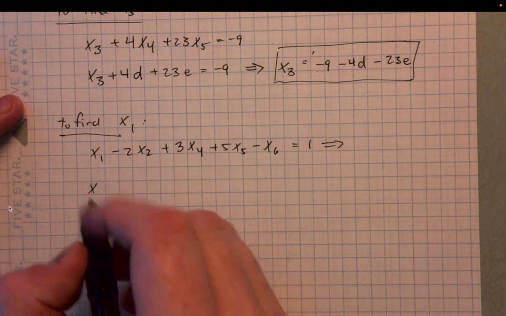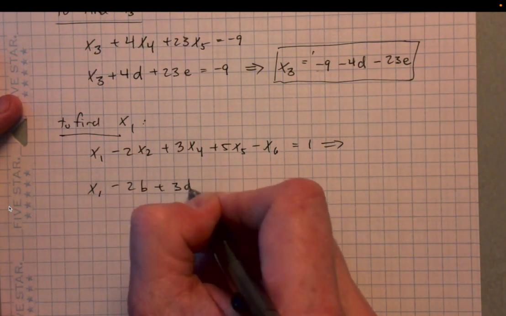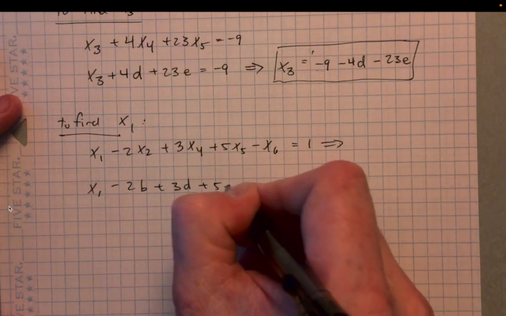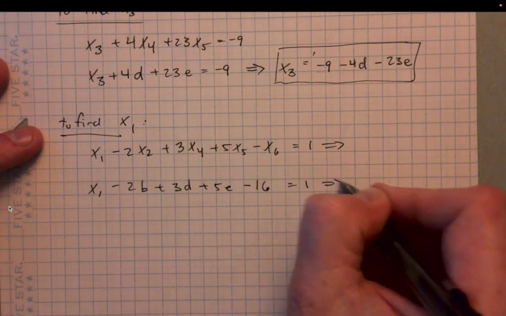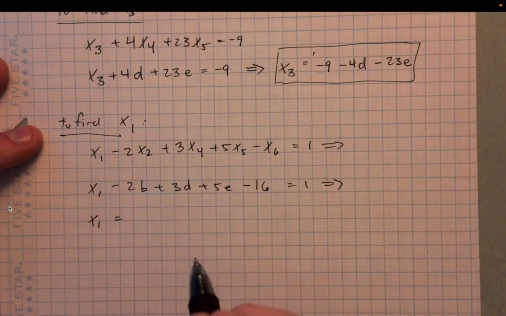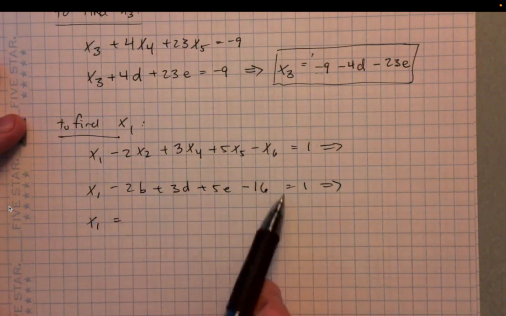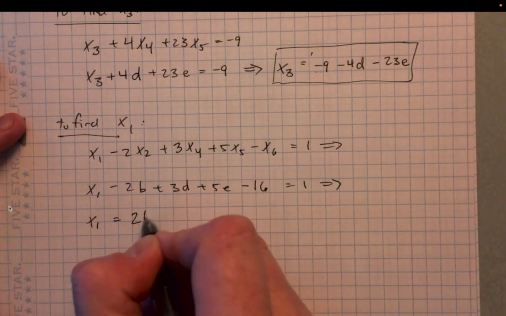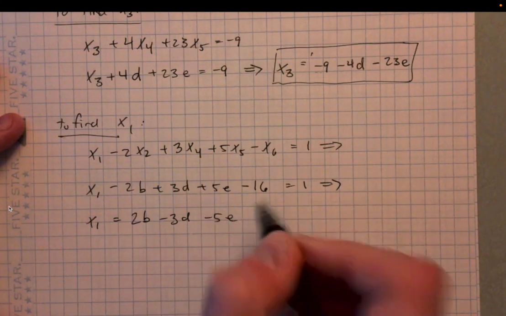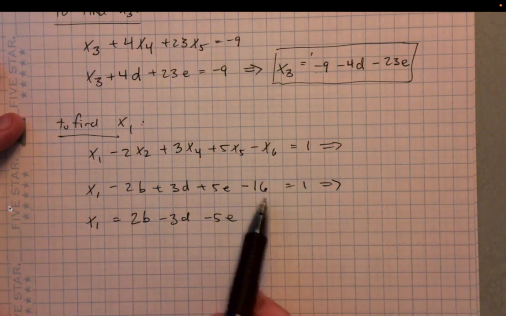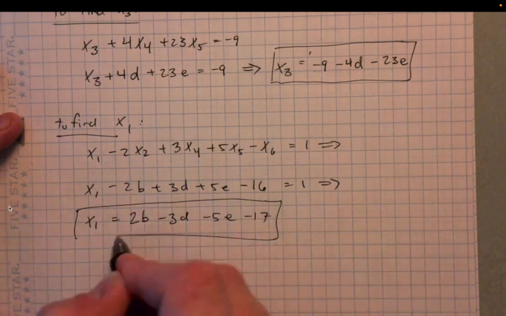So it's x1 minus 2b plus 3d plus 5e minus x6, which is 16, equals 1. Rearranging, putting this all on the other side of the equation, you get 2b minus 3d minus 5e, and then 1 plus 16, so plus 17. And there's your x1.